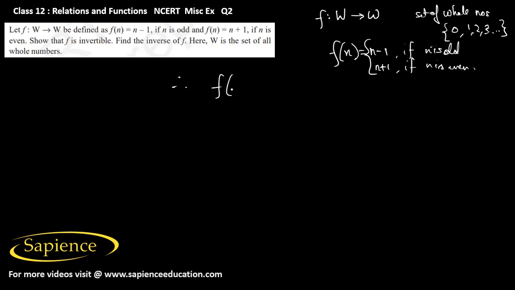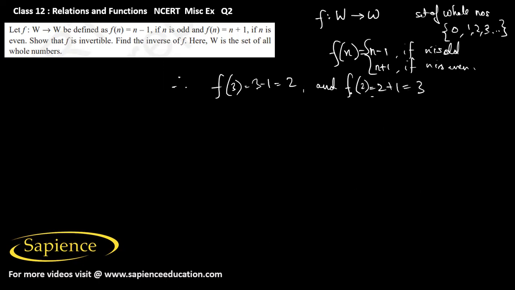Now suppose, for example, f of 3. 3 is odd, so this will be 3 minus 1, which is equal to 2. And f of 2: 2 is even, so it will be 2 plus 1, that is equal to 3.